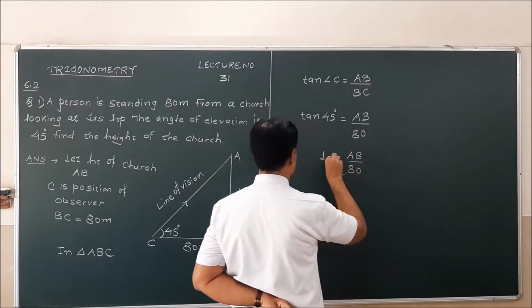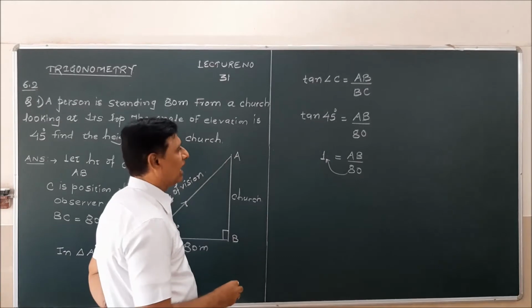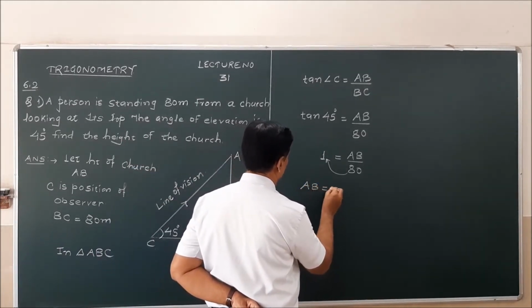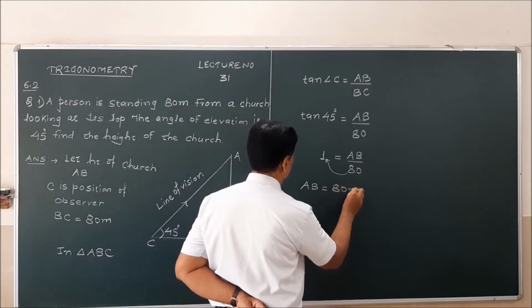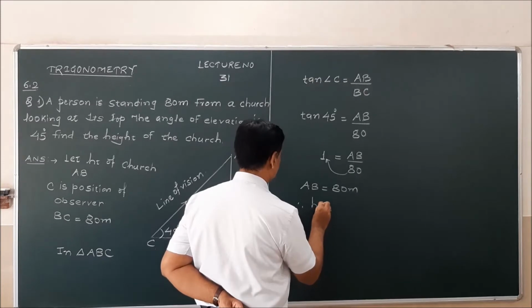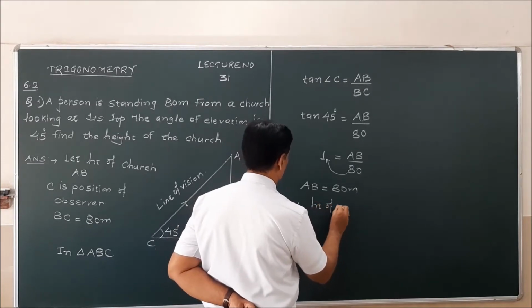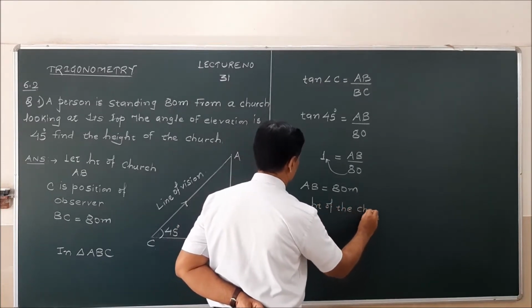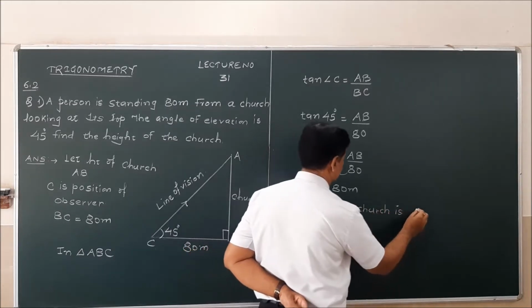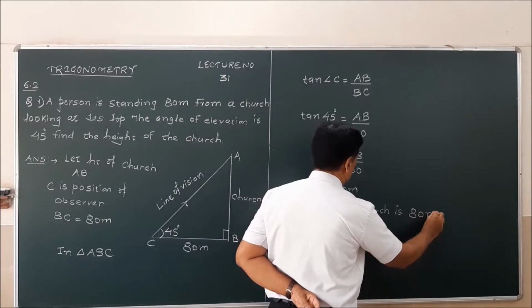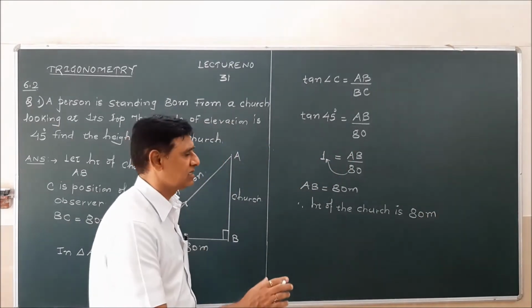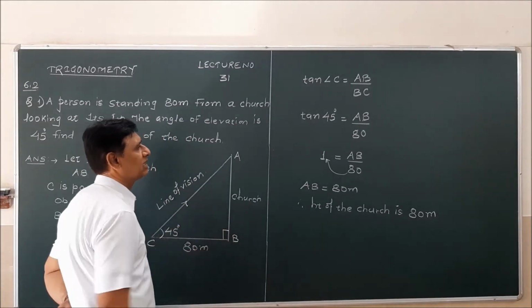If I transfer this 80 to the left hand side, I'll get AB is equal to 80 meters. Then the height of the church is 80 meters. Height of the church is 80 meters. Please always write the answer in a complete sentence.